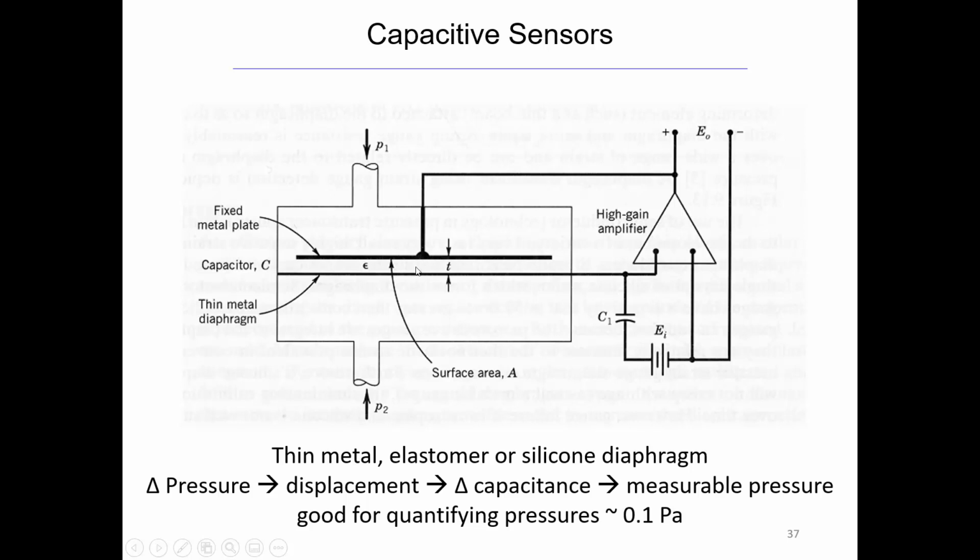These are the two plates of a capacitor. You should remember we covered capacitive sensors as well. So we get a change in capacitance that we can correlate with the change in pressure. This one can be really sensitive. You can measure really small pressure changes with this.